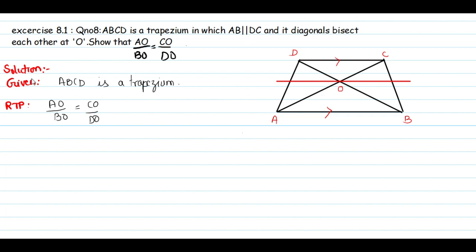So, let us write down what is given. It is given that ABCD is a trapezium, which means AB is parallel to CD or DC. Now, we need to prove that AO by BO is equal to CO by DO. So, let us prove that.